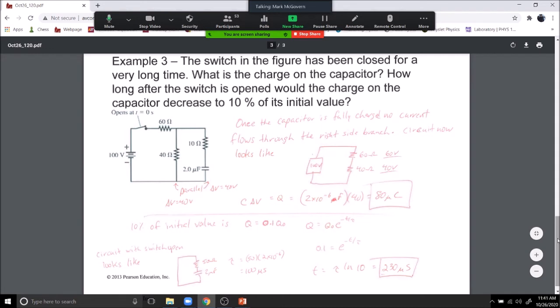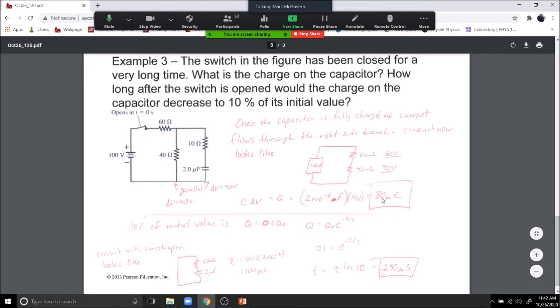What's going to happen here is once the capacitor is fully charged, that 2 microfarad capacitor, no more current is going to flow through the right-hand side, because you're going to reach a particular potential difference there.